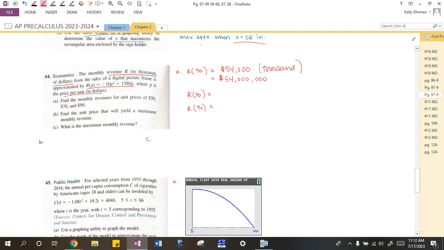And then you don't include the word thousand at the end. So either this is the answer or you just make it millions. The textbook did not include the thousand, and I think that's wrong, because now 54 million sounds like a huge monthly revenue. I just think they mislabeled the problem, but I want you to get in the habit of paying attention to that. So we're going to call it 54 million.